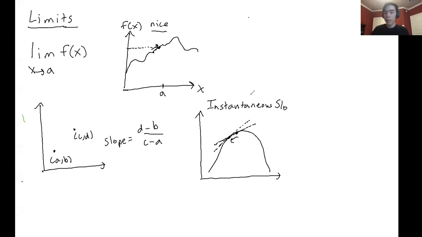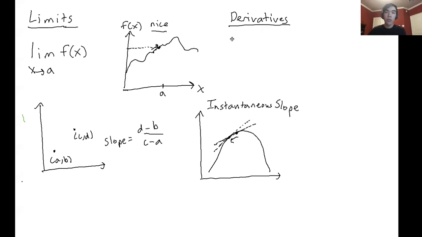Okay. So now we can finally move on to derivatives. Derivatives are intimately connected with instantaneous slope and are almost the same thing. There are many different notations for derivatives.